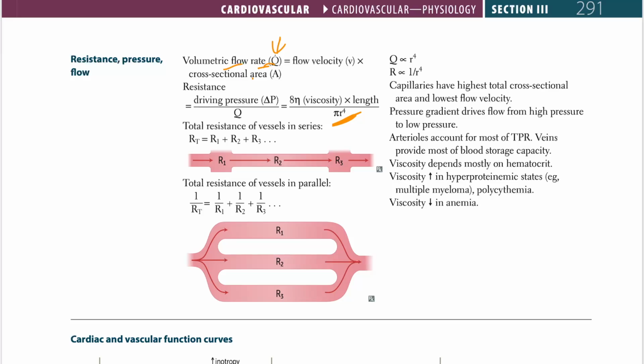Okay, so what is the radius of the blood vessel to the power 4? Basically, if you change a radius, let's just talk about change in radius, there's going to be a large change in resistance.